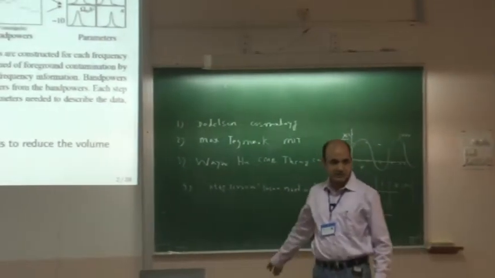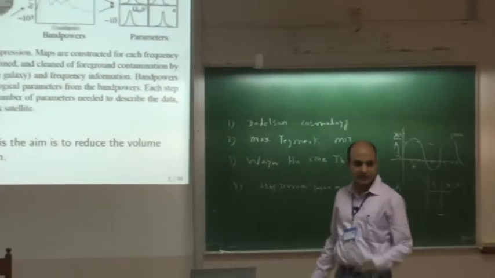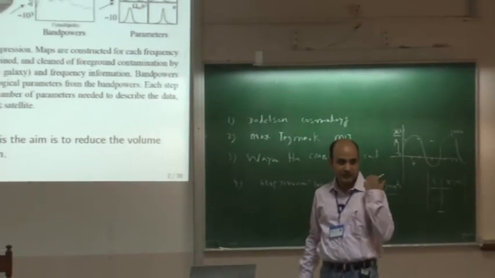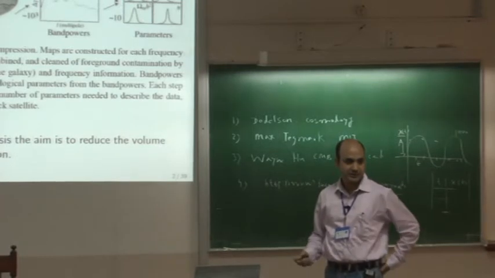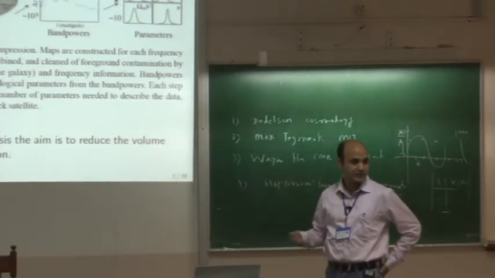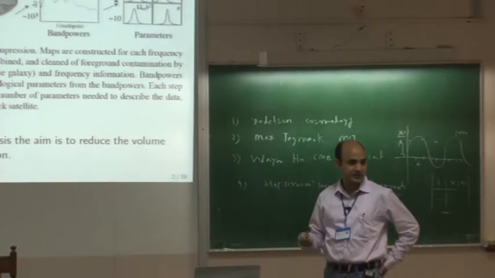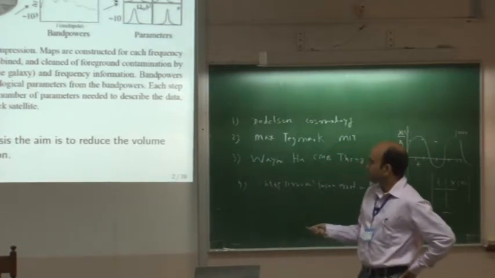But rather than recording this whole thing, you can record the frequency as well as the amplitude, with just two numbers, and you completely represent your signal. So that is also some sort of data analysis or data reduction.